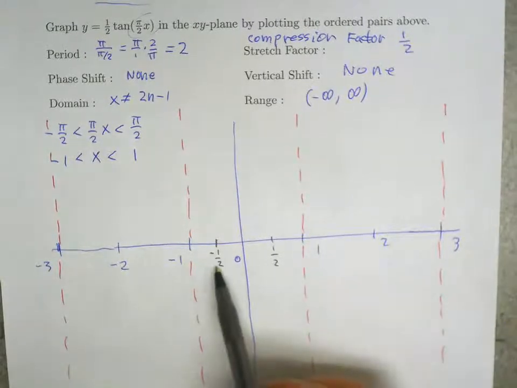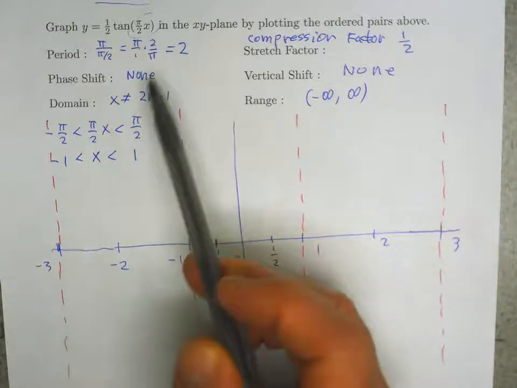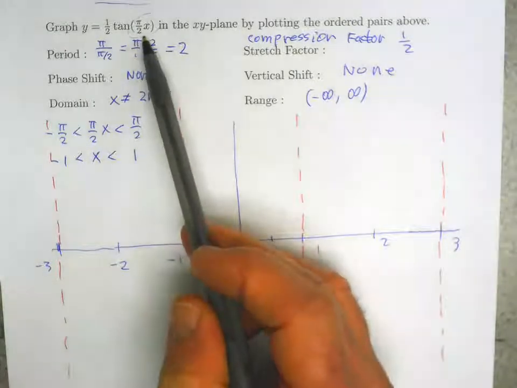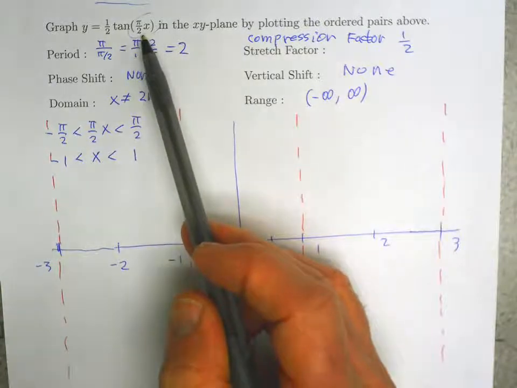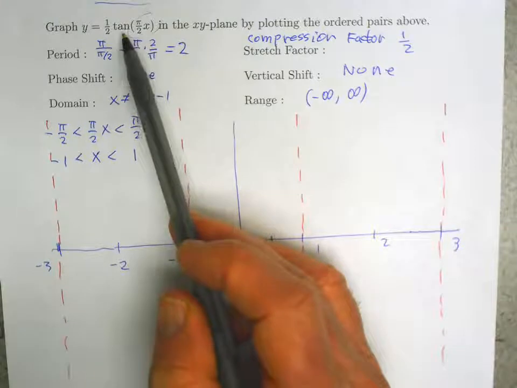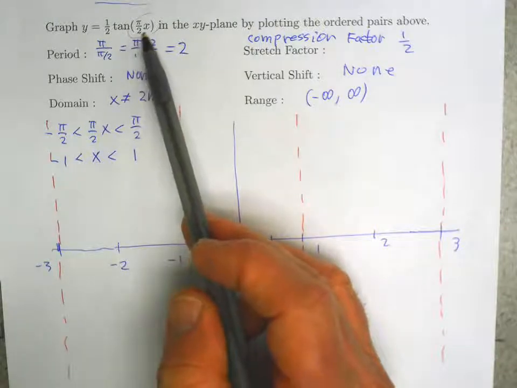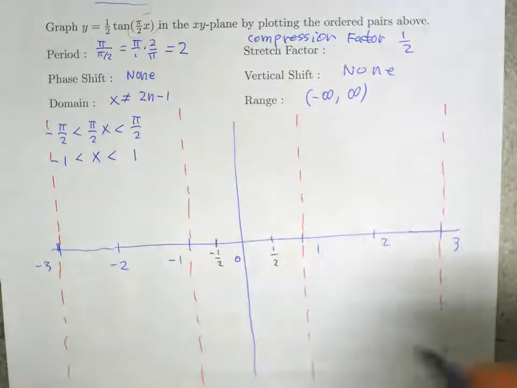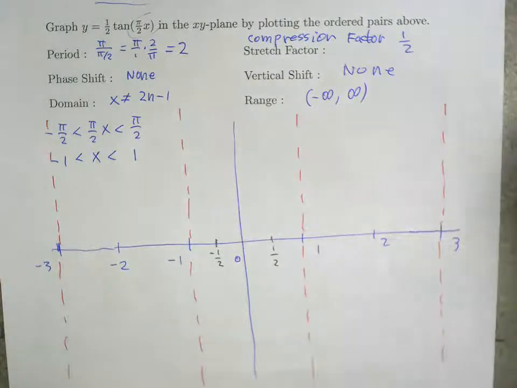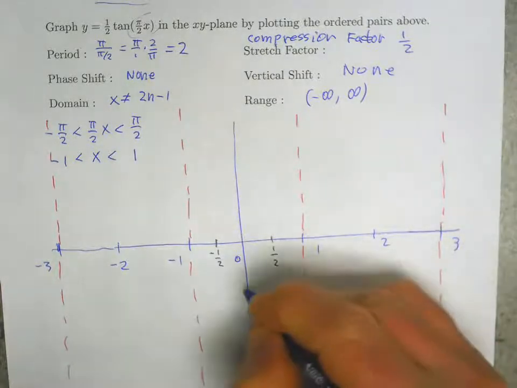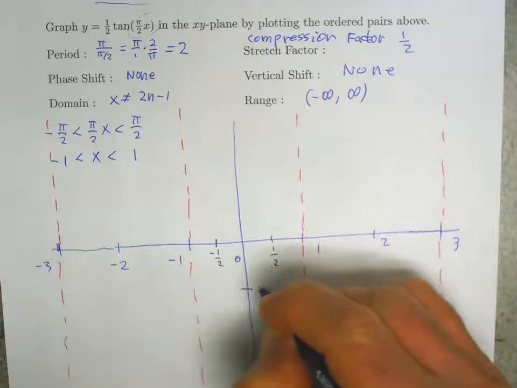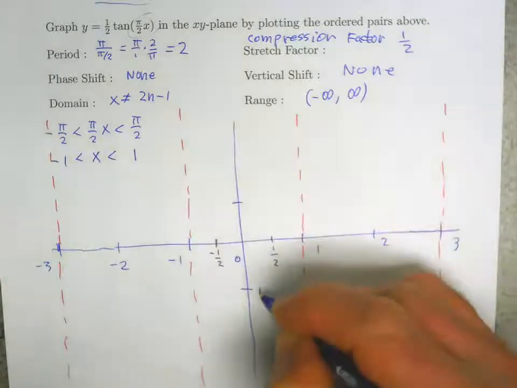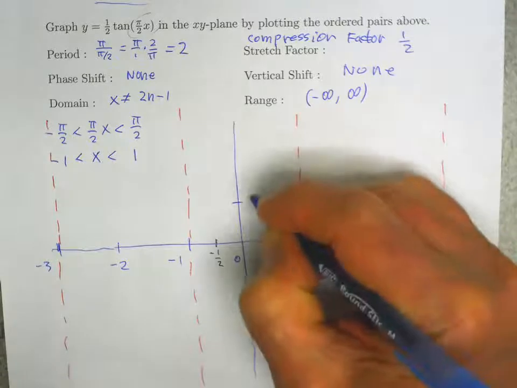Okay, so when x is -1/2, pi over 2 times -1/2 is -pi over 4. And tangent of -pi over 4 is -1, and 1/2 times -1 is -1/2. So here is where -1 is, and here is where +1 is.